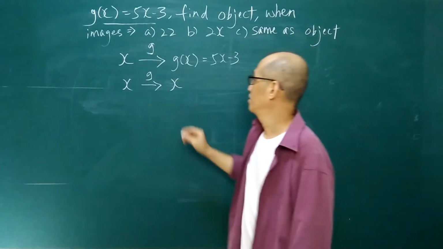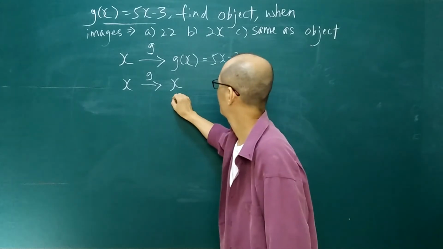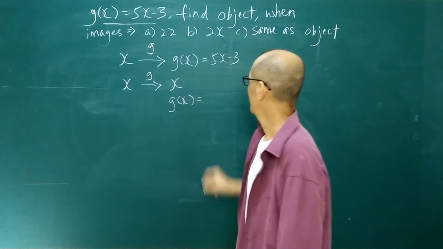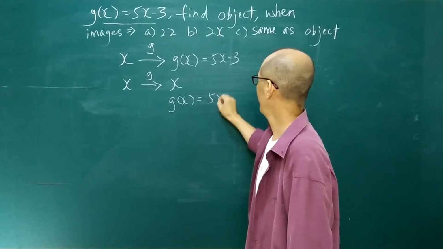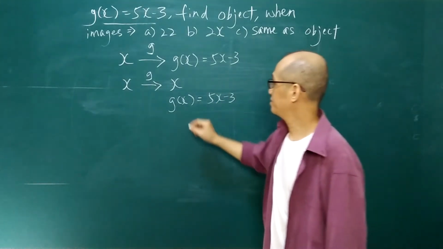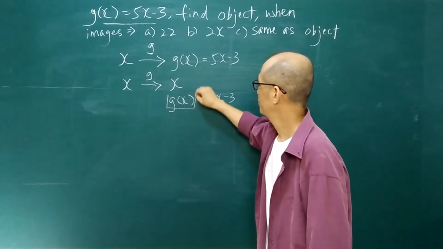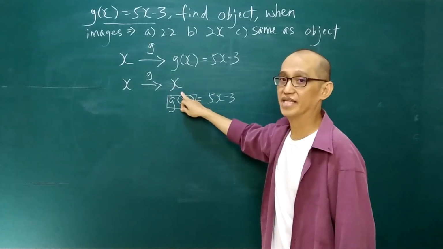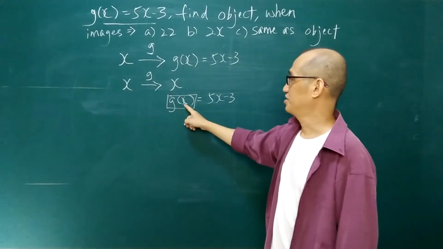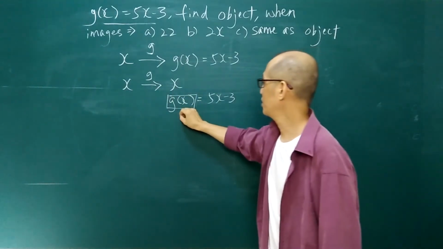Right. So here, the image is g(x), and g(x) is 5x minus 3. And we are saying that the image is going to be the same as the object x. So instead of g(x), we are going to put an x here.